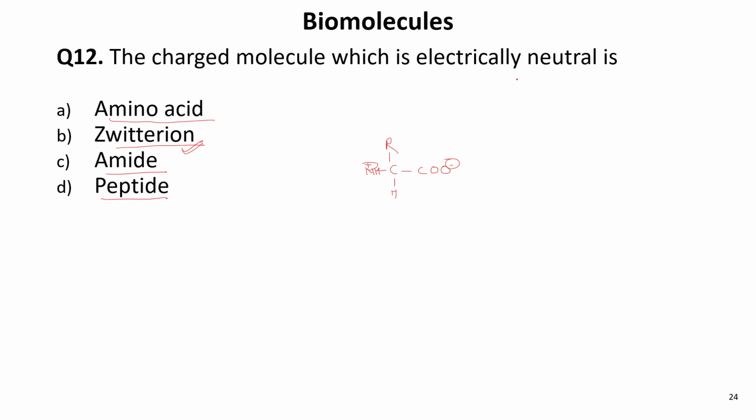The charged molecule which is electrically neutral. Now the number of charges here is 1 negative and the number of charges is 1 positive. So it is electrically neutral. So zwitterion is the correct answer.